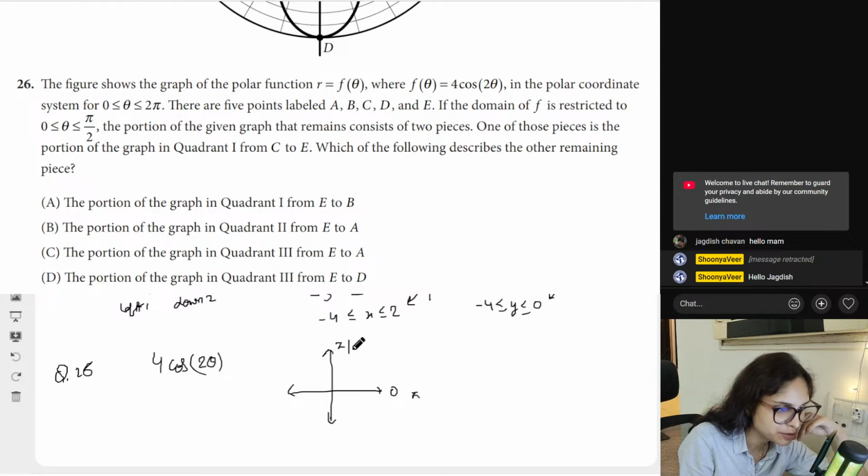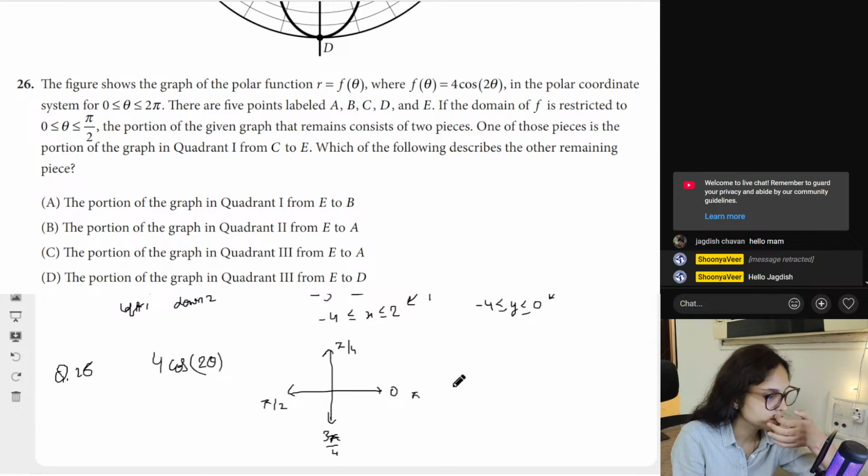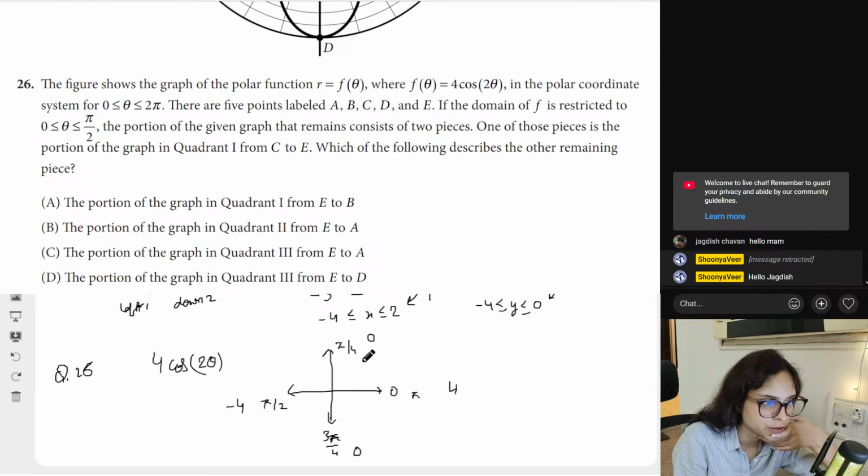So first let me do that. You're multiplying it with 4, so it should be 4, then 0, then negative 4, then 0, and should become 4 again. So from 0 to pi over 4, you're going from 4 to 0. And from pi over 4 to pi over 2, you're going from 0 to negative 4.